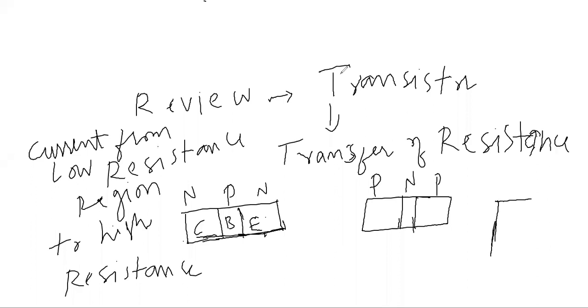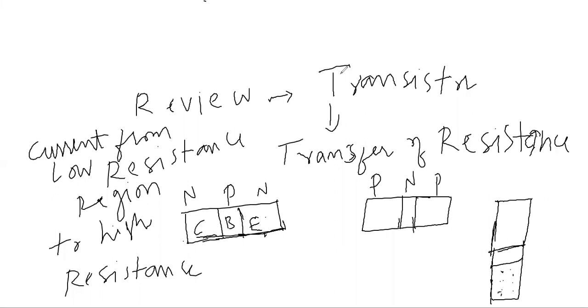This is the collector, for example, and the base is very thin and lightly doped. And this is the emitter. Emitter size is small, but it is doped heavily. It has a large number of carriers.